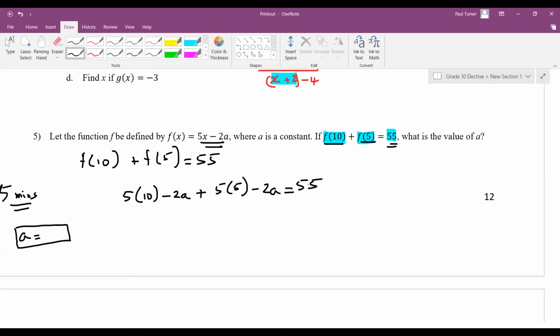Anyone got a yet? What do you think? Let me know when you got it. But really, they're just algebra problems, many of them. You don't even have to worry about graphs yet, so don't worry about graphing. We'll cover that later.